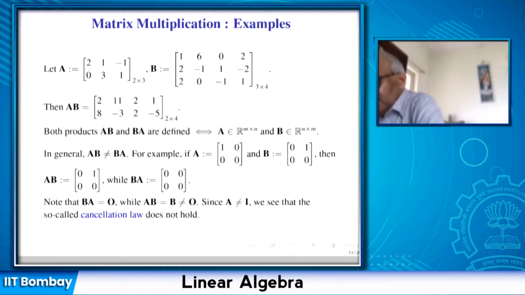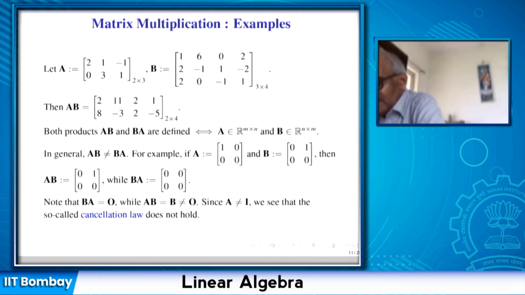So A and B are non-zero matrices, and B is a non-zero matrix. Their product is B, but we cannot cancel B from this equation AB equal to B, because if you could cancel, then A would become the identity matrix. But that is not the case. Since A is not the identity matrix, we see that the so-called cancellation law doesn't hold.